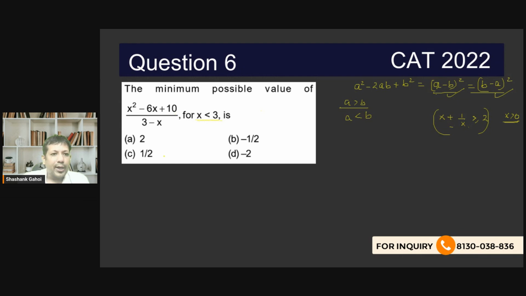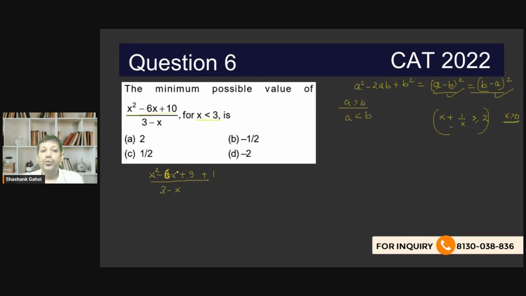Now, what I am going to do is break this expression as x square minus 6x plus 9 plus 1 upon (3 minus x). Now, if you see, it is (x minus 3) whole square as well as (3 minus x) whole square.